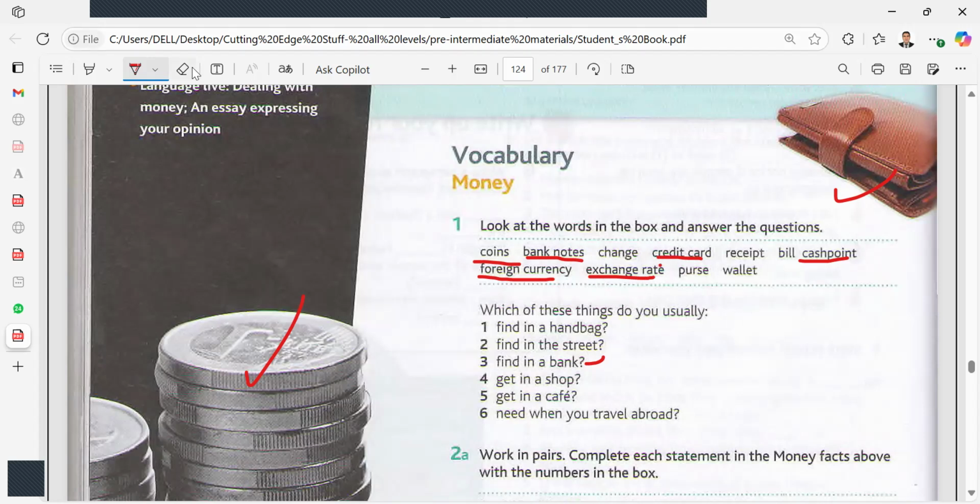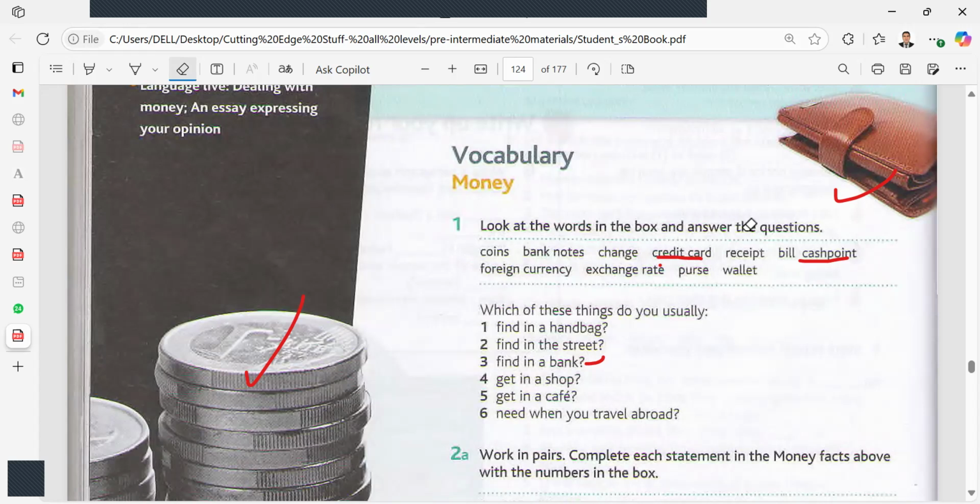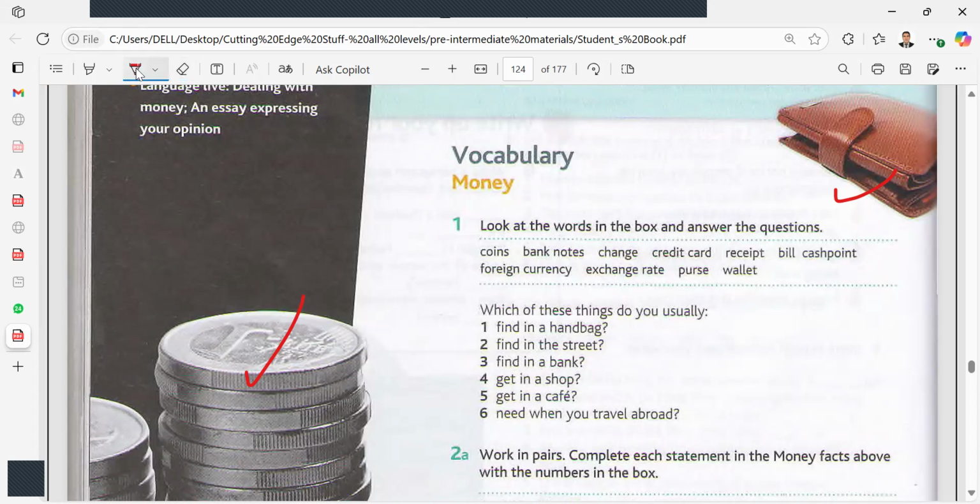In a shop. What can you find in a shop? Maybe wallet? No. Receipt. Banknotes, coins, change.